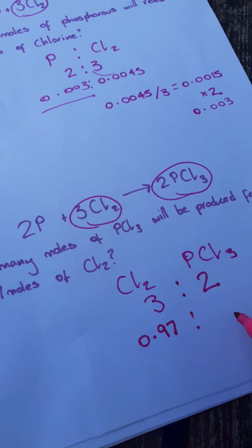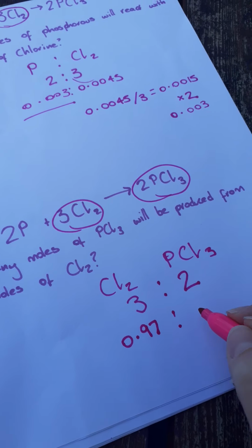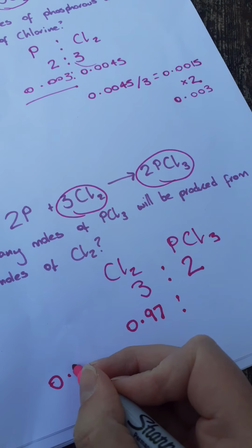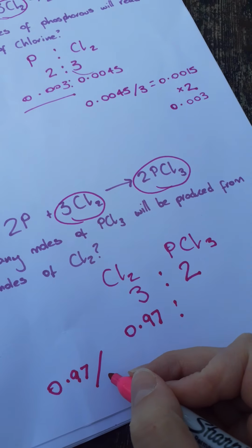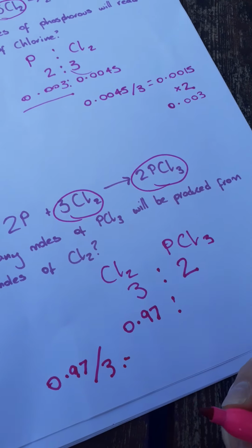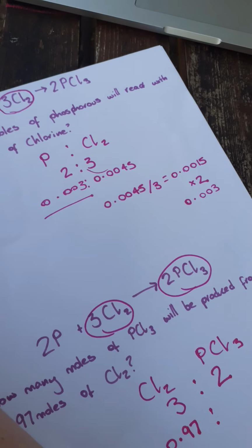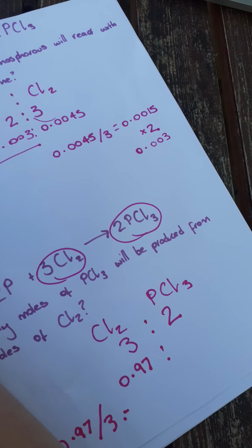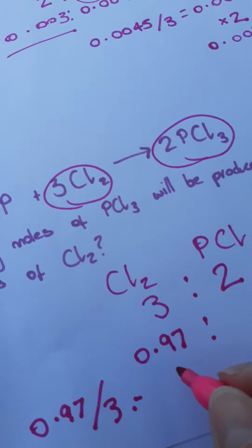So we need to work out how many moles of phosphorus chloride that would produce. So we're going to take our 0.97, we're going to divide it by 3 to give us our equivalent of what 1 would be. That is going to give us 0.32.